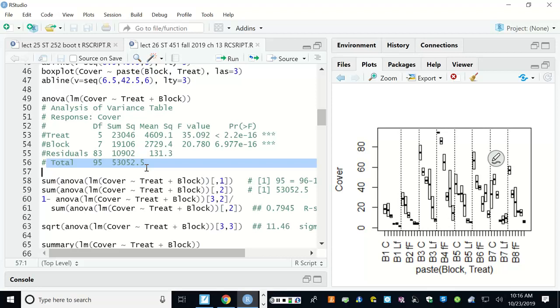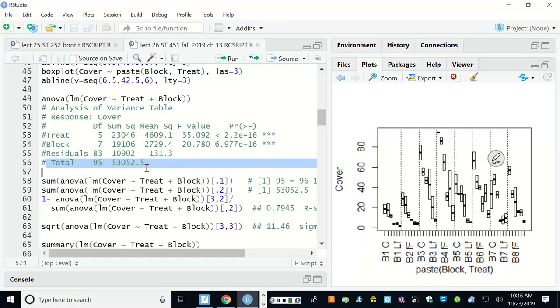This ANOVA object here is a little square matrix, right? And if you add these 3 things together, that's adding the first column, you get 95. And if you add the second column here, you get the 5302, right? And so for ANOVA, you can calculate kind of an R squared as well.